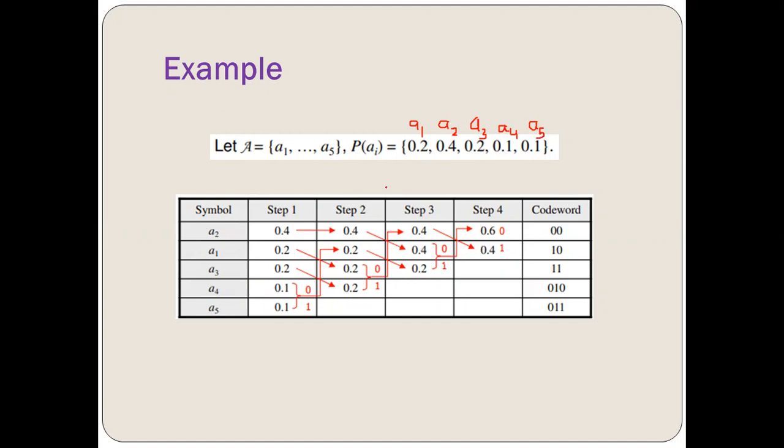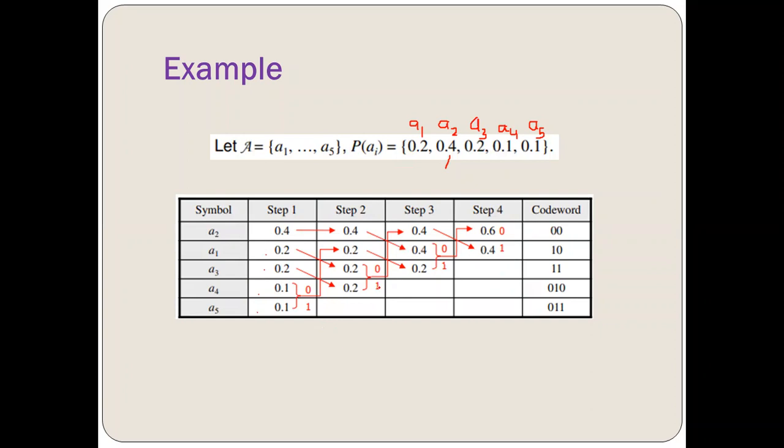So what is the first step we have to do? The first step is to arrange in decreasing order with respect to the probabilities of these symbols. The highest is 0.4, so A2 0.4, then A1 0.2 as given in sequence, right? You can see A1 is 0.2 and A3 is also 0.2, both are the same, so we keep the same sequence as given. So A1 0.2, A3 0.2, then A4 0.1 and A5 0.1.